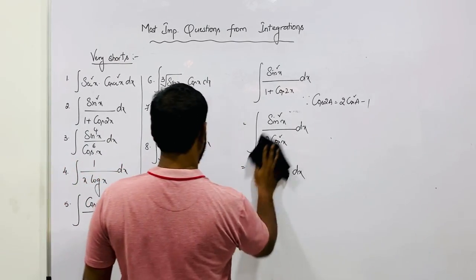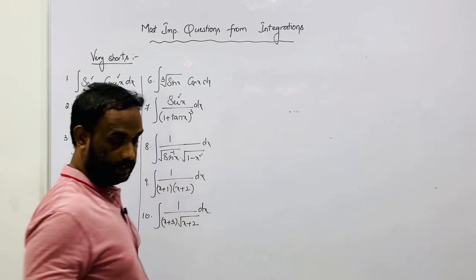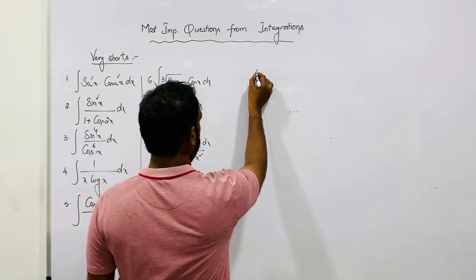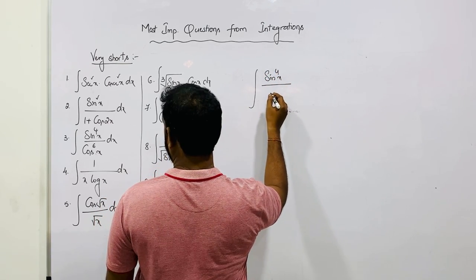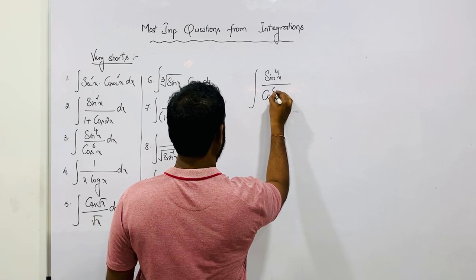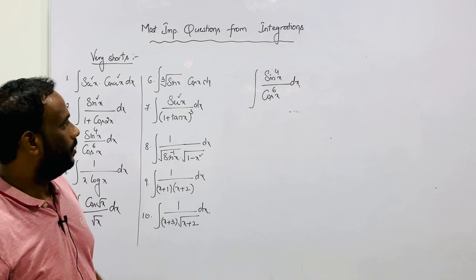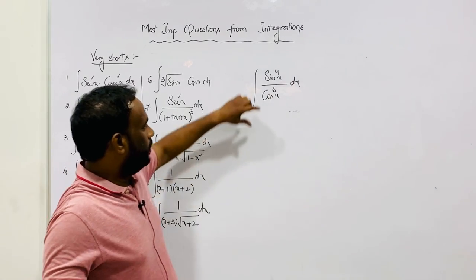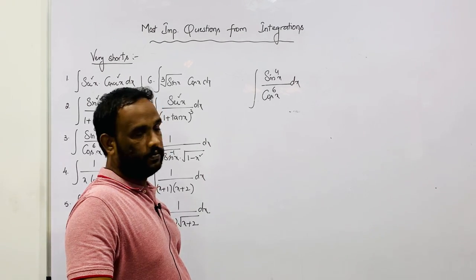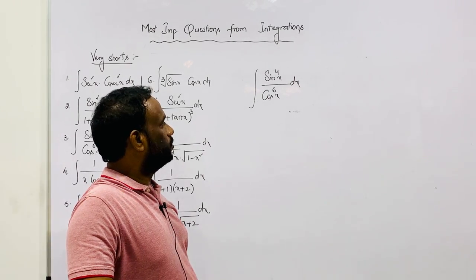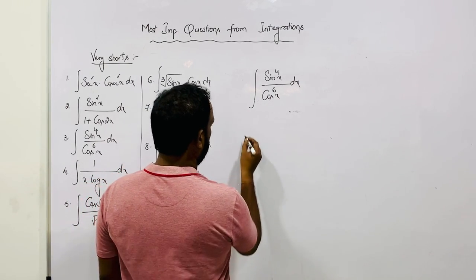Now the next question is integral of sin power 4x divided by cos power 6x dx. Now here if you observe, this cos power 6x can be written as cos power 4x into cos square x, that is I am distributing the exponent of cos.